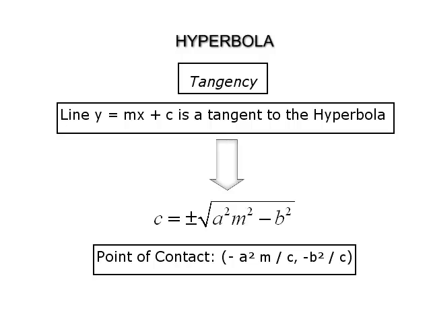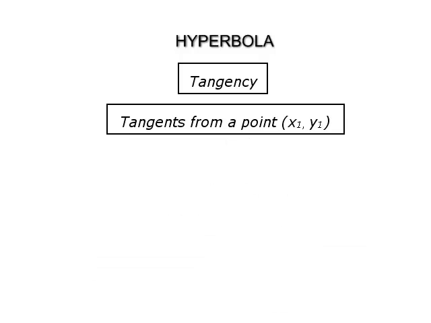Thus, two tangents having slope m can be drawn to hyperbola. Their equations are y equal to mx plus minus root of a square m square minus b square. In general, two tangents can be drawn to hyperbola from a point (x1, y1) in the same plane.